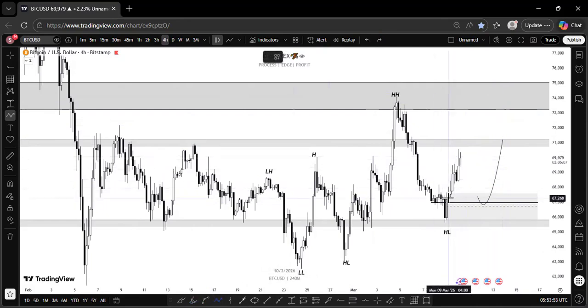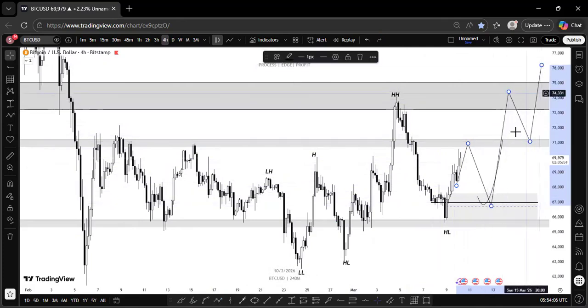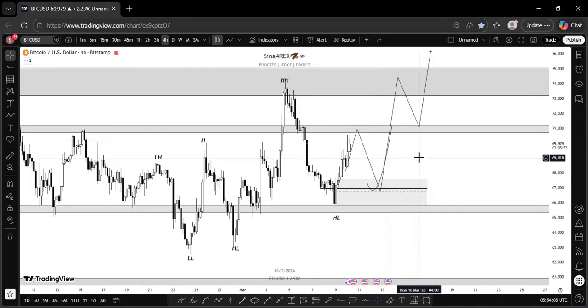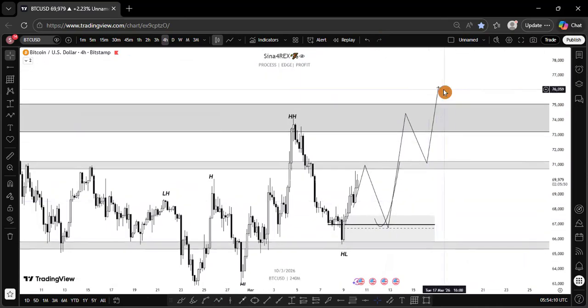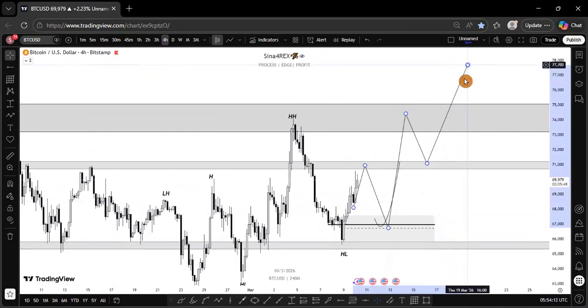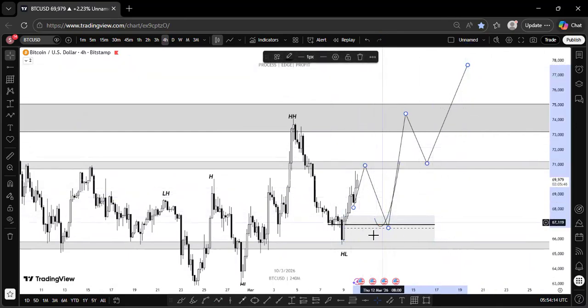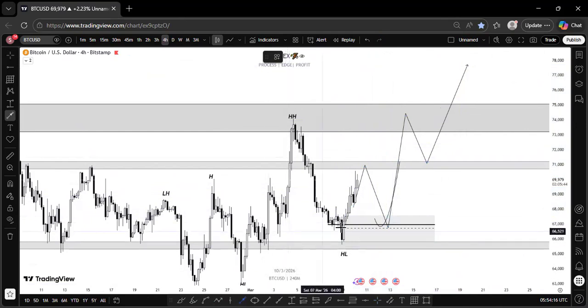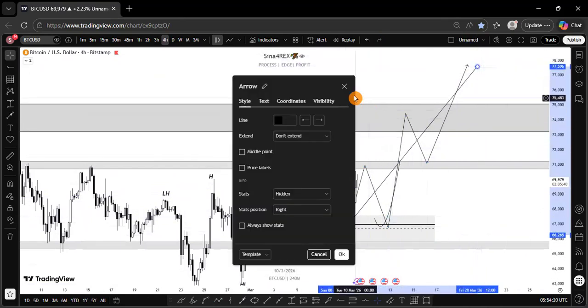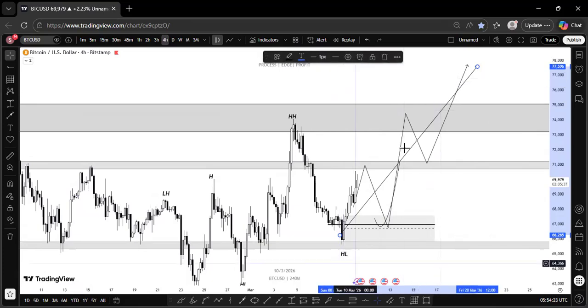So I want to see something like this. Price pushes up into this supply zone, drops back into our entry zone, continues to push up, and then gives us something like this. Once I see these internal structures, it becomes an indication that yes, price is giving us the higher high that we are looking for.